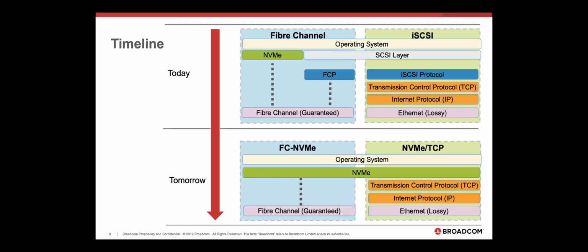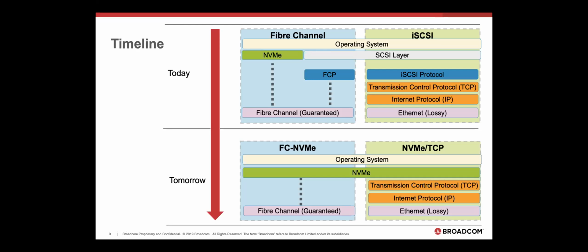But again, it's really early. The NVMe Express organization talked about how they're discussing these new standards for fabric services on Ethernet. But again, it is something that is not here today. And that's the other thing I want to say with this slide: while today you can run NVMe and SCSI in parallel on your Fibre Channel network, my expectation is that in the future, people will stop using SCSI for new deployments.